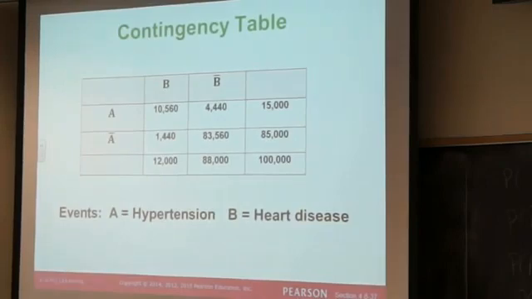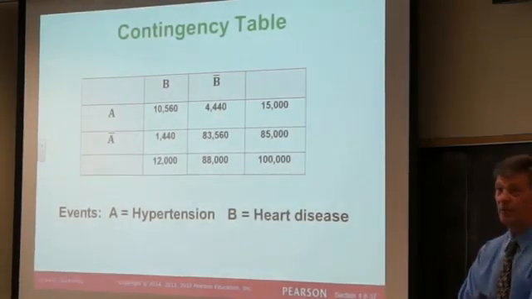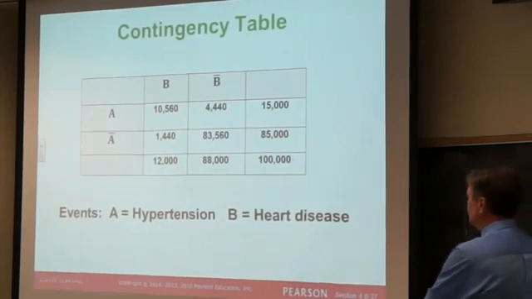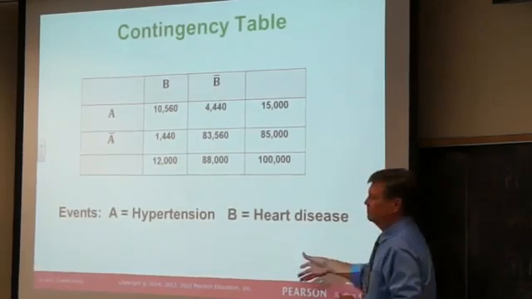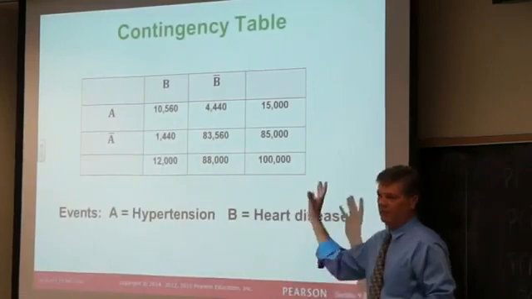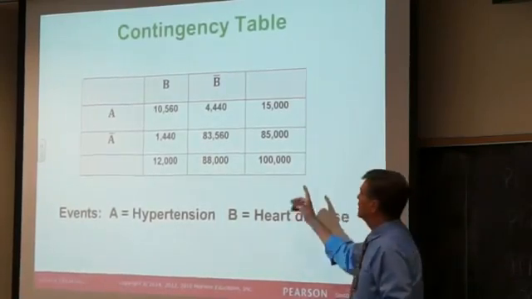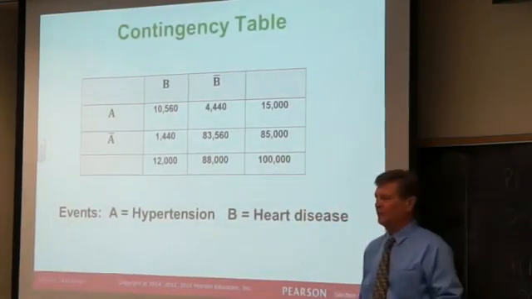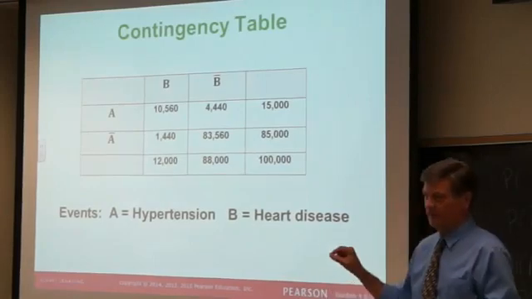So one thing you could do is go ahead and create a contingency table. We've done that before, and I did one for you, assuming that you had 100,000 people, nice big number. And those are the values you get for the different cells.